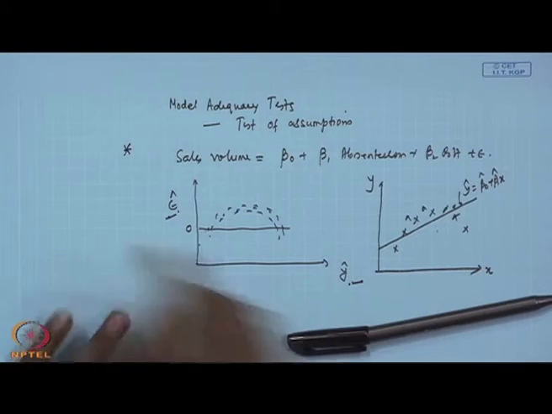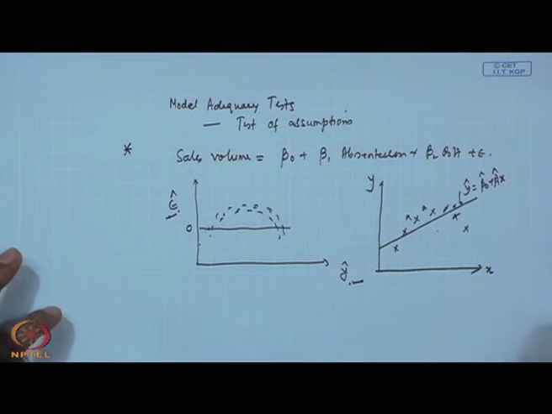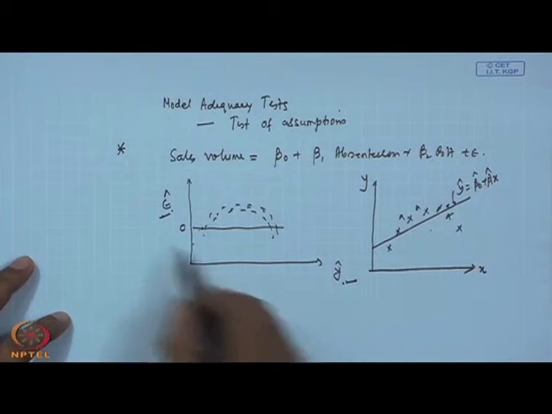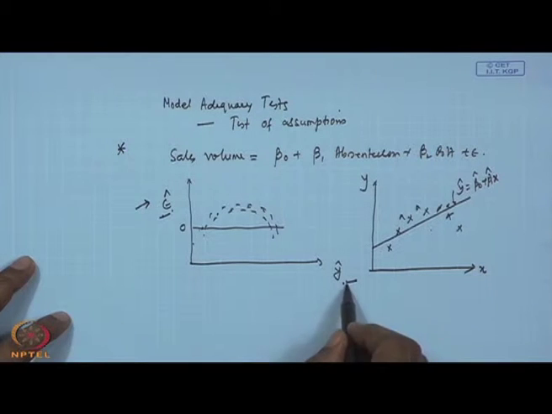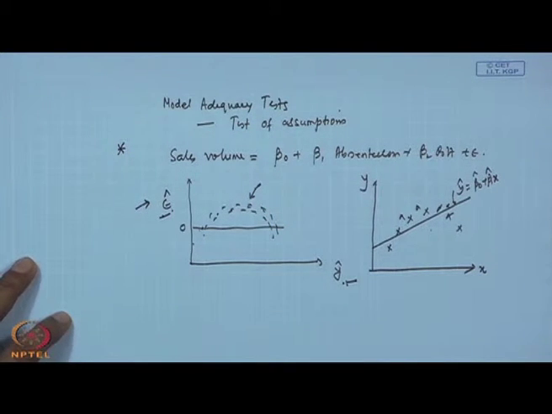Now, in this particular figure, when you see the residual versus fitted values, I do not find any departure from linearity. Now, if there is departure from linearity, when you plot the residual against fitted values, you will be getting this type of plot.